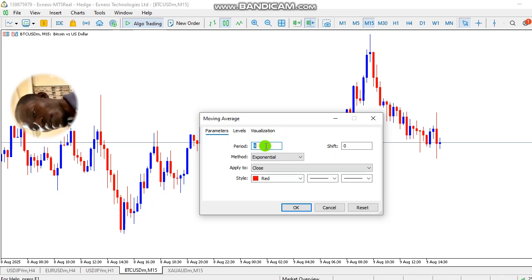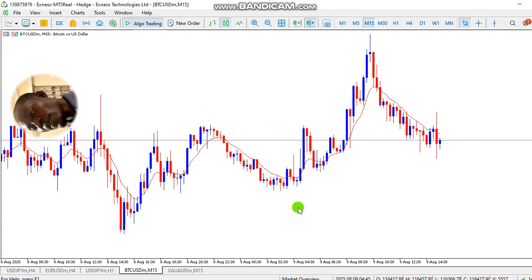The 9 exponential moving average is going to act as a fast moving average. So I'll click on it and then click on OK. Then it will appear on the chart.